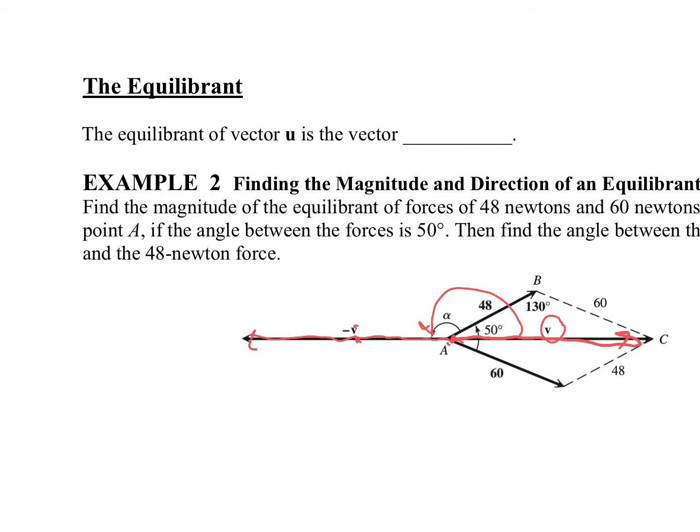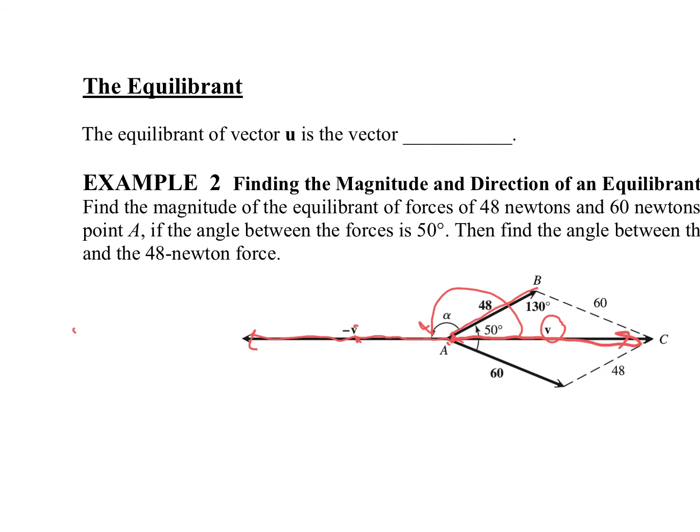If I have a vector going out here, and he calls it magnitude of 48, if I draw the same vector 180 degrees the opposite direction, then that would also be a negative 48.